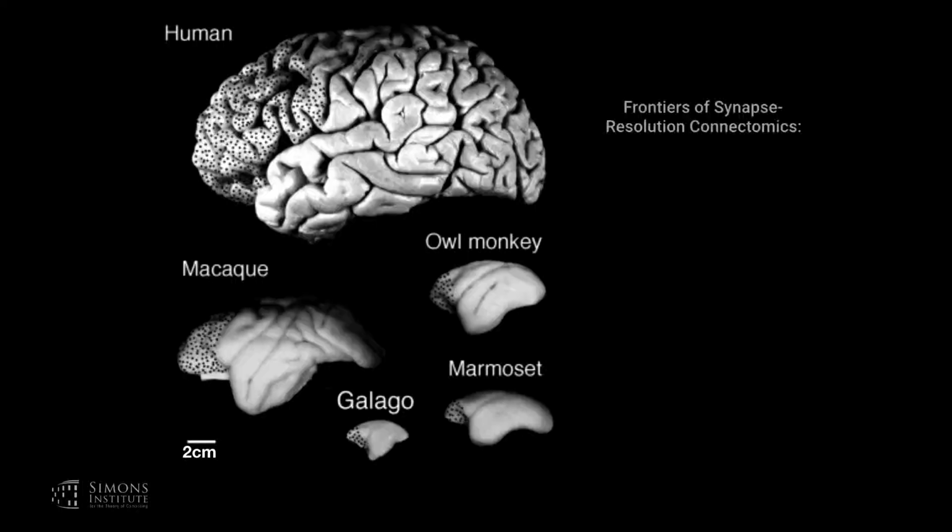And just to put things in context here, that's a scale version of a human brain. And the frontiers of this synapse resolution mapping are really quite tiny compared to something like a human brain. They're sub-cubic millimeter, which is something like that little dot below the text where it says frontiers of synapse resolution connectomics.